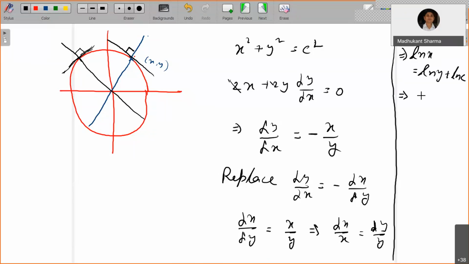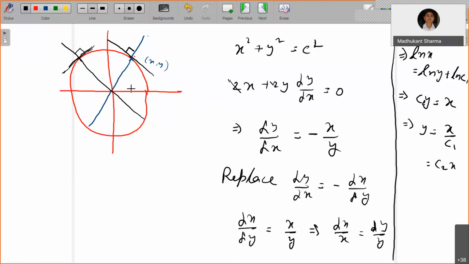So c times y equals x, or y equals x by c, and you can treat 1 by c as c1, so y equals c2 x. This is nothing but the straight lines passing through the origin.